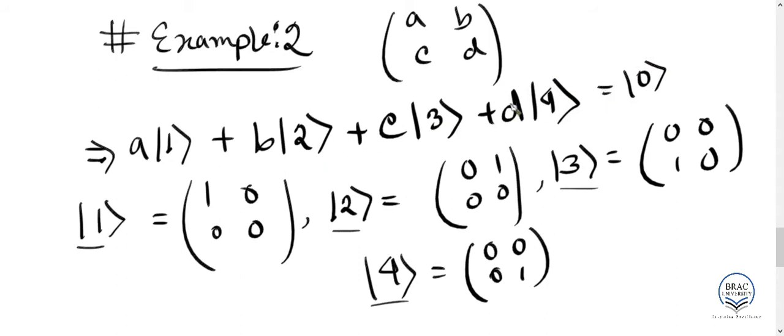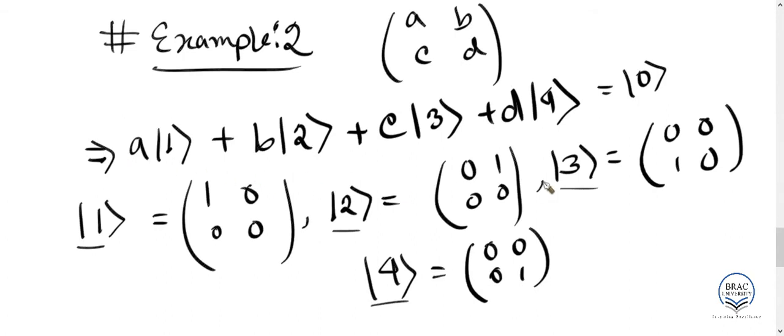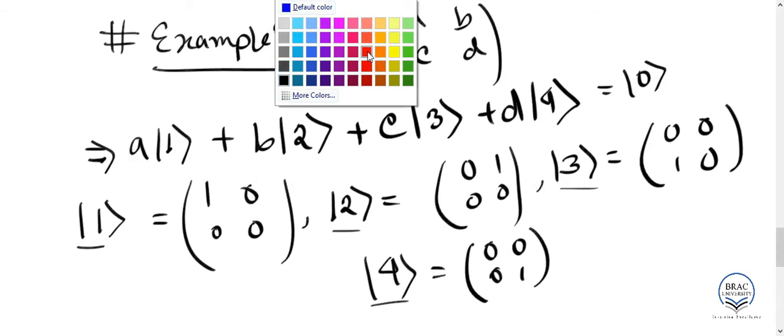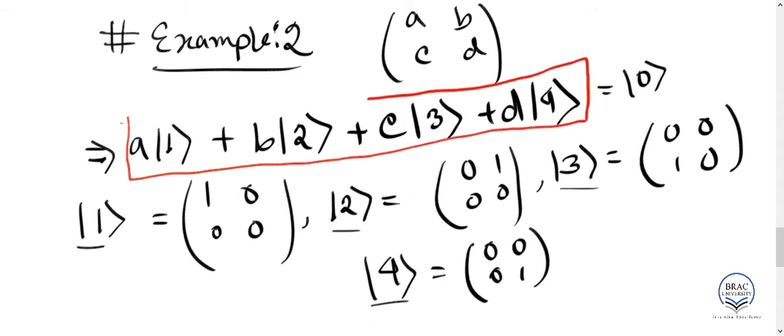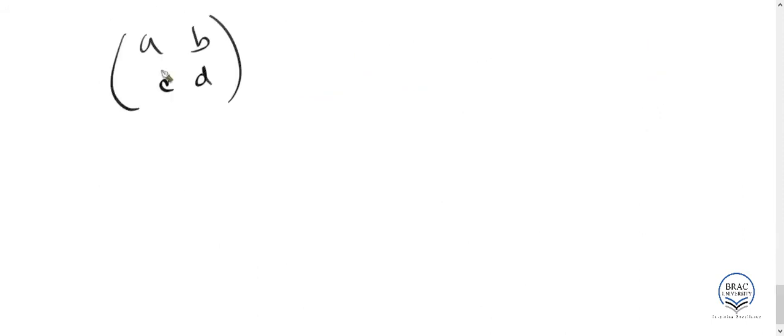So here what we mean by that is we had a matrix called ABCD, right? And this ABCD is just the matrix representation of this form. Let me just highlight it out. So this corresponds to this matrix, and this null vector over here would actually correspond to a 0 matrix.